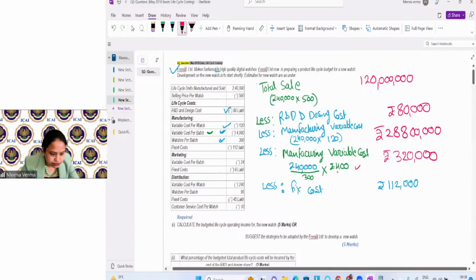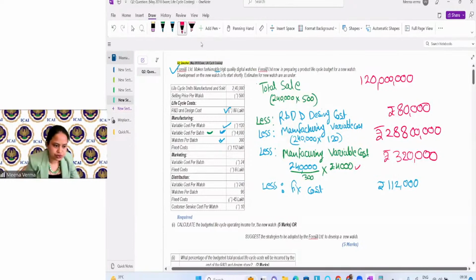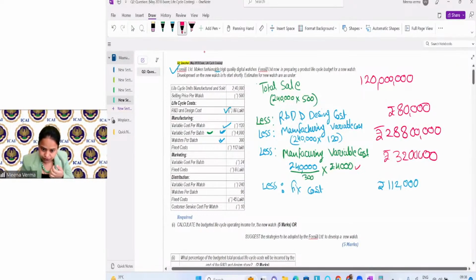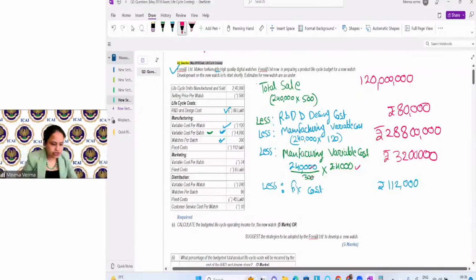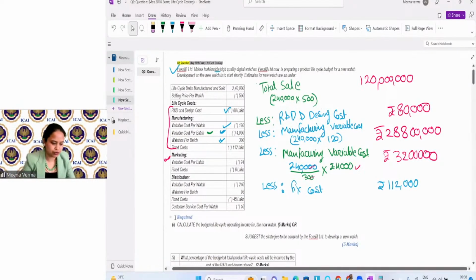Okay, this value is 4,000 actually, so this will increase. We have considered all the costs from here to here. Now let's consider the marketing cost and distribution cost.